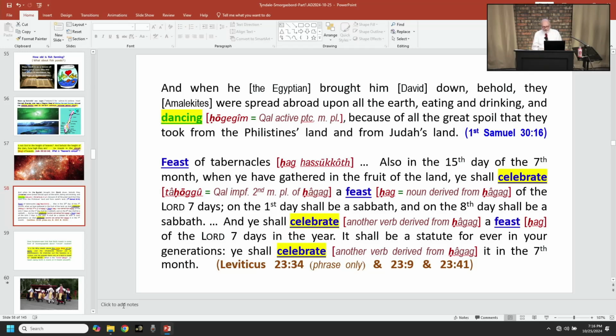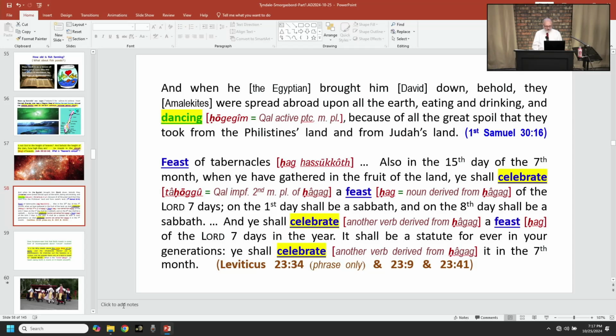In 1 Samuel 30:16, we read the following, one of the adventures in the life of King David. And when he, and it's talking about an Egyptian, brought him, now it's talking about David, down, behold, they, the Amalekites, were spread abroad upon all the earth, eating and drinking and dancing, because of all the great spoil that they took from the Philistines' land and from Judah's land.